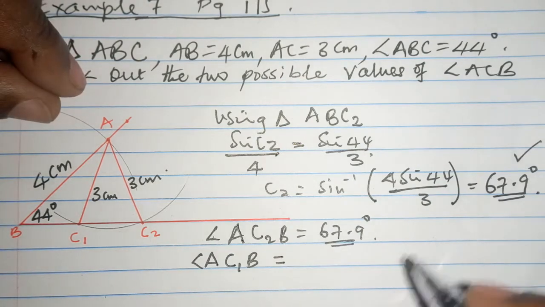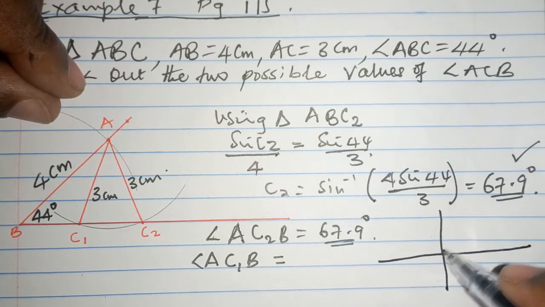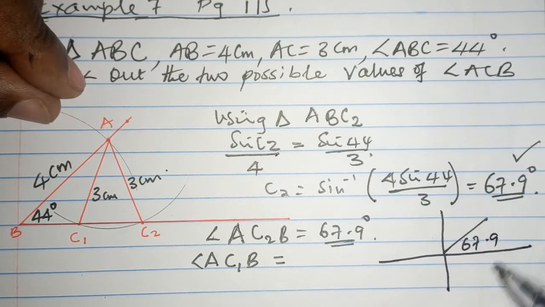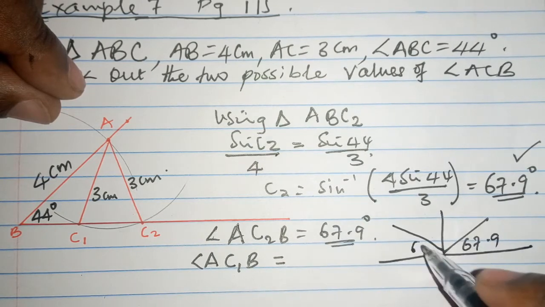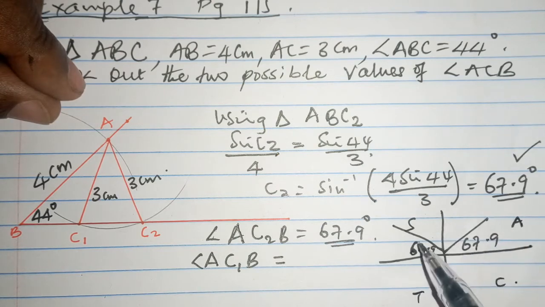We have to go to the unit circle. 67.9 is in the first quadrant, and of course, sine is positive in the second quadrant.